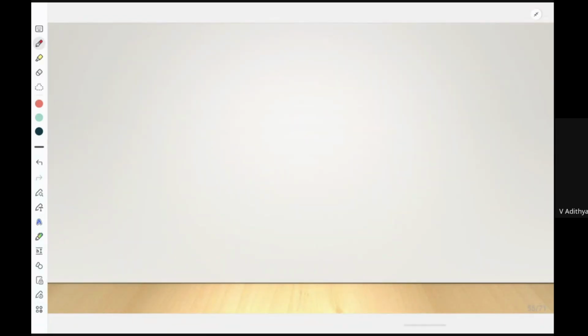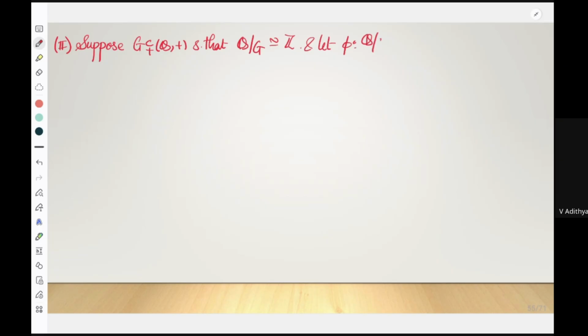So what about the second statement? Suppose G is a proper subgroup such that Q mod G is isomorphic to Z plus, basically the integers, and let phi from Q mod G to Z be an isomorphism.